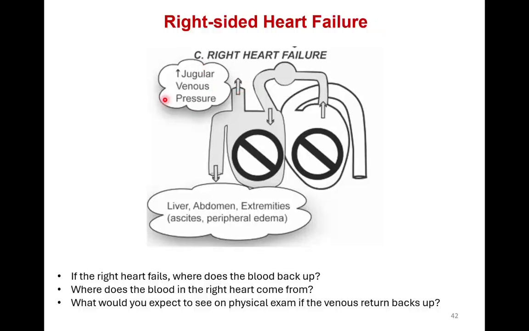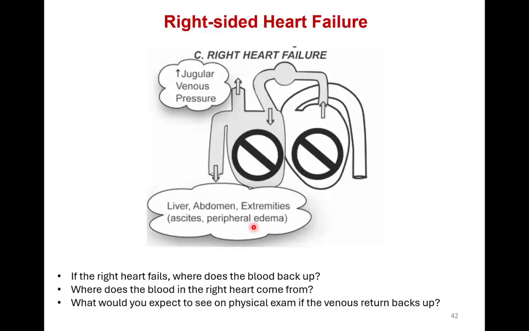And so after a while, you're going to see increased venous pressure or jugular vein distension as the blood starts to back up and back up and back up, simply because the jugular veins have a straight path to the superior vena cava, right?